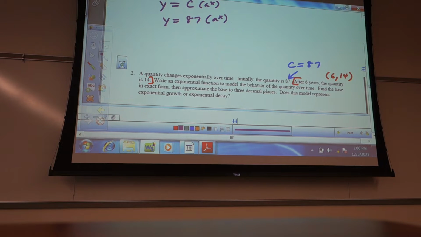So now I'm going to plug in (6, 14). I'm going to plug in 14 for y and 6 for x, and I'll end up getting 14 equals 87 times a to the 6th.